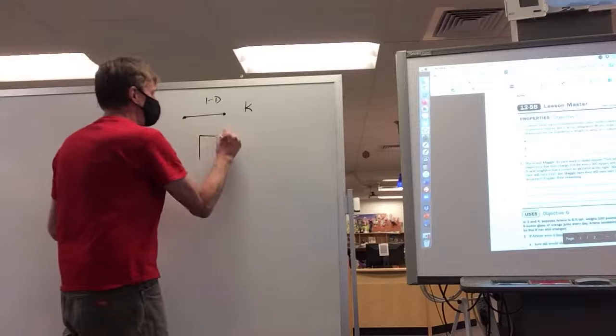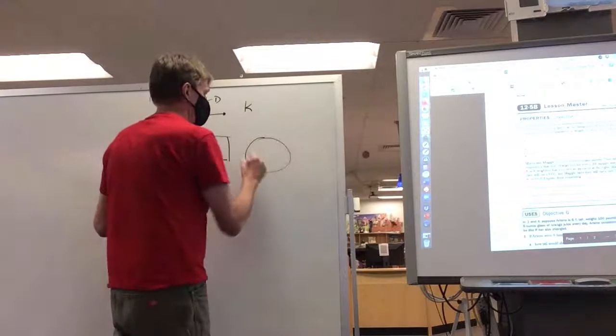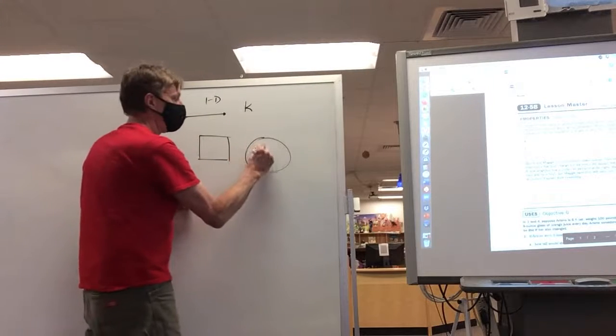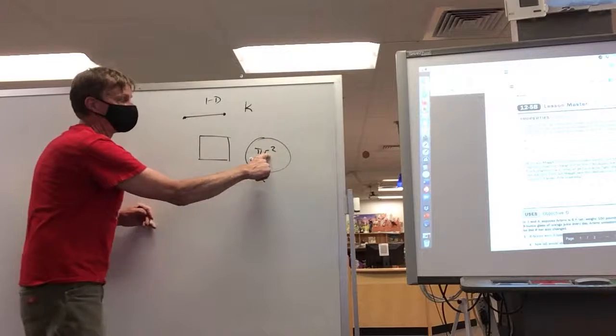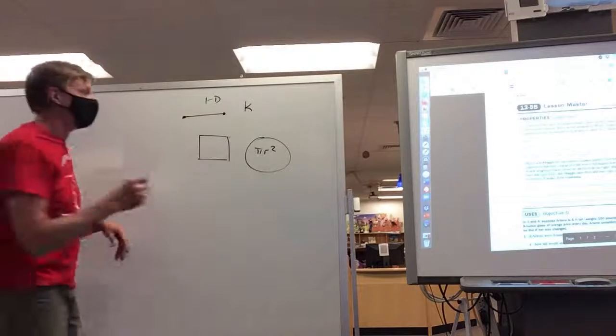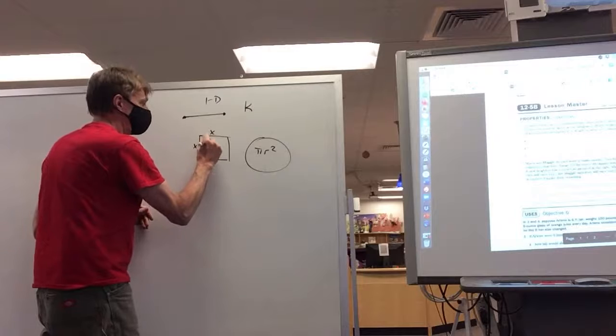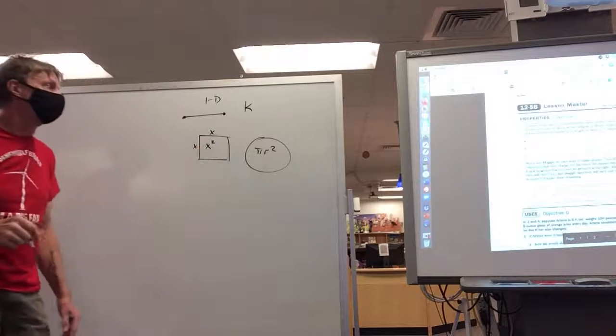But if you go to 2 dimensions, like area, you've got pi r squared, so there's a length that gets to the second power. Here you would have a length that's taken to the second power.